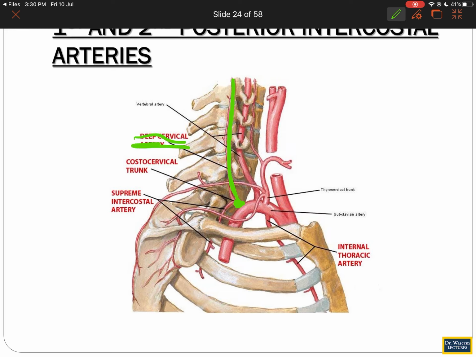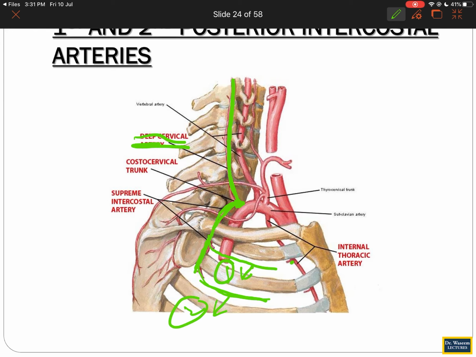But another artery will be sent behind, not too inferiorly, but at least it will cross from behind two spaces, the first intercostal space and the second intercostal space, so that it can provide branches to these spaces. This is the first posterior intercostal, this is the second posterior intercostal. Through this you can fill your posterior intercostal spaces.